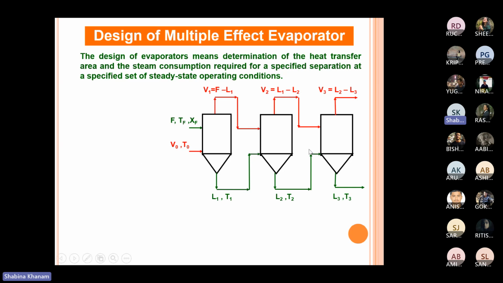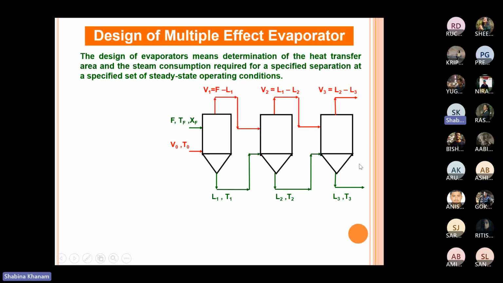So what does it mean? It means the first effect has the maximum pressure, so P1 would be higher than P2, which would be higher than P3. You can read the vacuum pump value, and it corresponds to the vacuum of the last effect, whether it is third, fourth, nth, whatever.